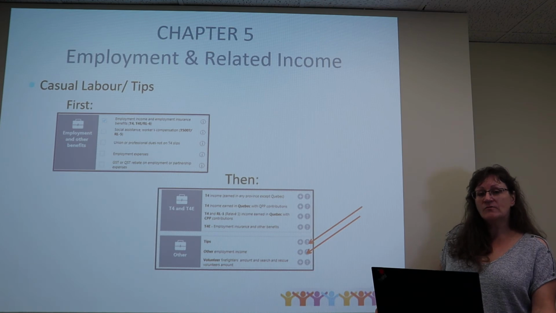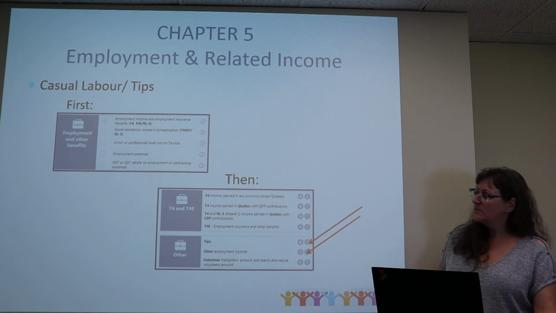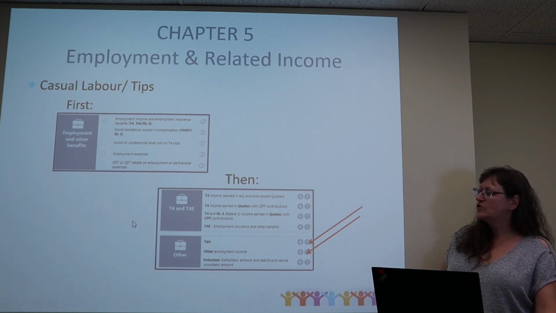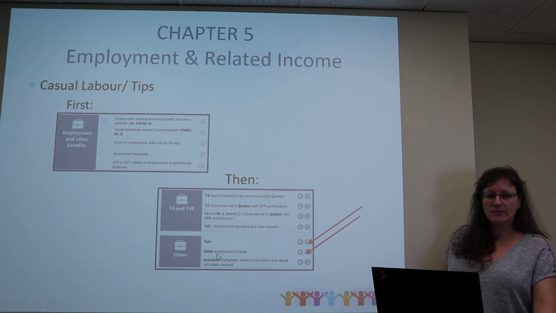So we would enter the information that's not on a T4 slip by again being in the employment and other benefits, first of all, and then when we've opened that in our left-hand navigation menu, in the box below the one we've been used to seeing where we're entering T4, we can see that there's two options, tips and other employment income.